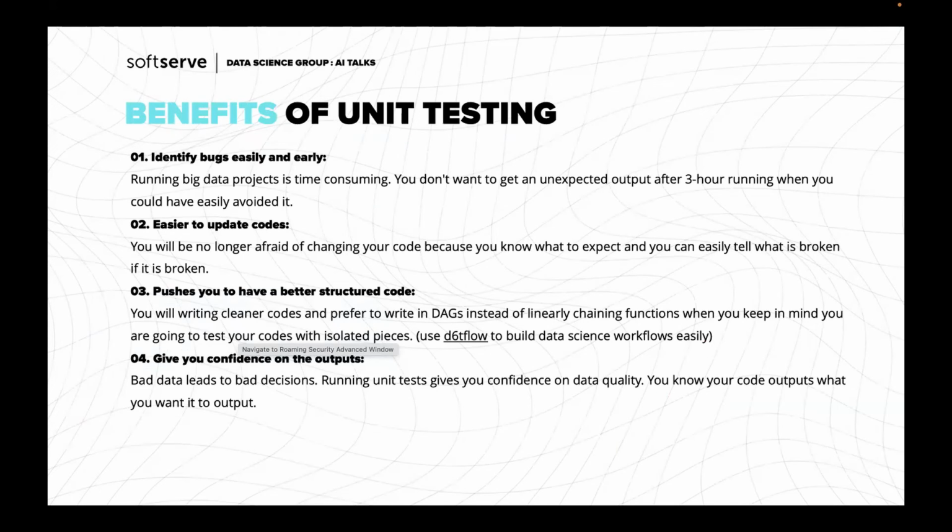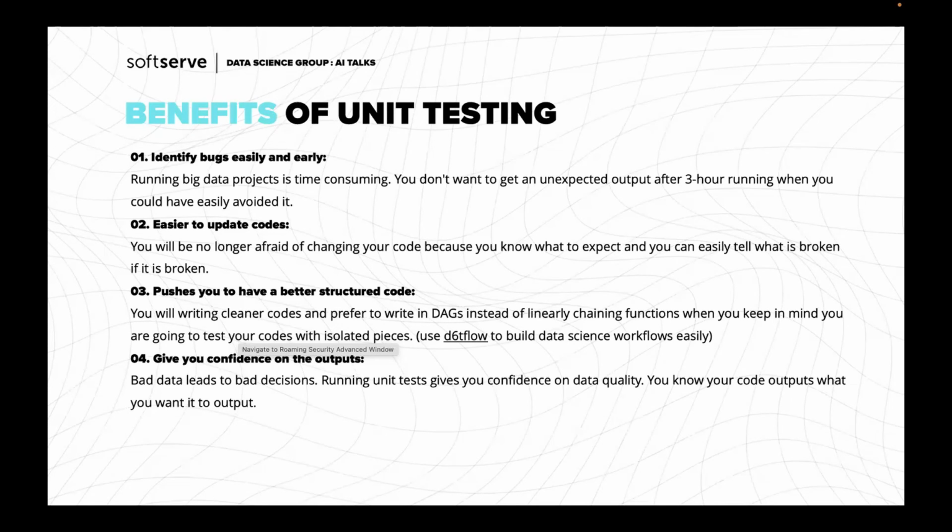Of course, we are able to update code more easily. It pushes you to have better structured code, because you will write modular code and prefer to write code in terms of blocks instead of linearly chaining functions, since you keep in mind you're going to test your code in related pieces, not a mass of functions in one module.